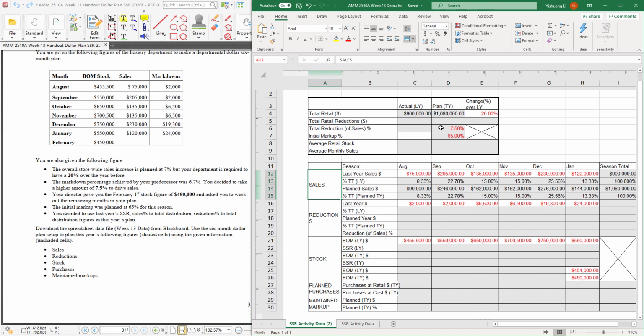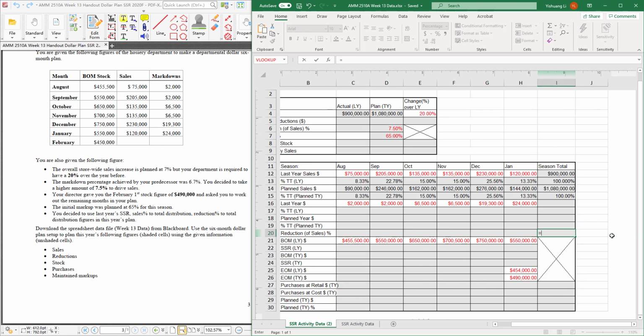And the next step we are going to complete is find the reductions. Well, since we know that total reductions of sales equals to 7.5% of the seasonal sales, we know that here the reduction of sales percentage can be filled. This cell equals to 7.5 in percentage.